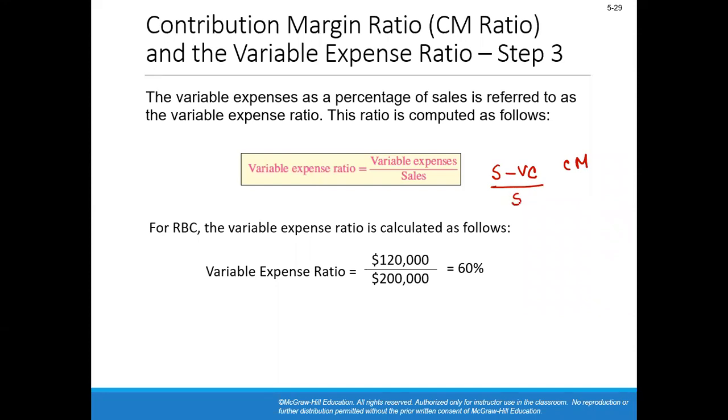Divide this number by sales, we get the contribution margin ratio. And we know that this difference is contribution margin. So actually what we are doing is this.